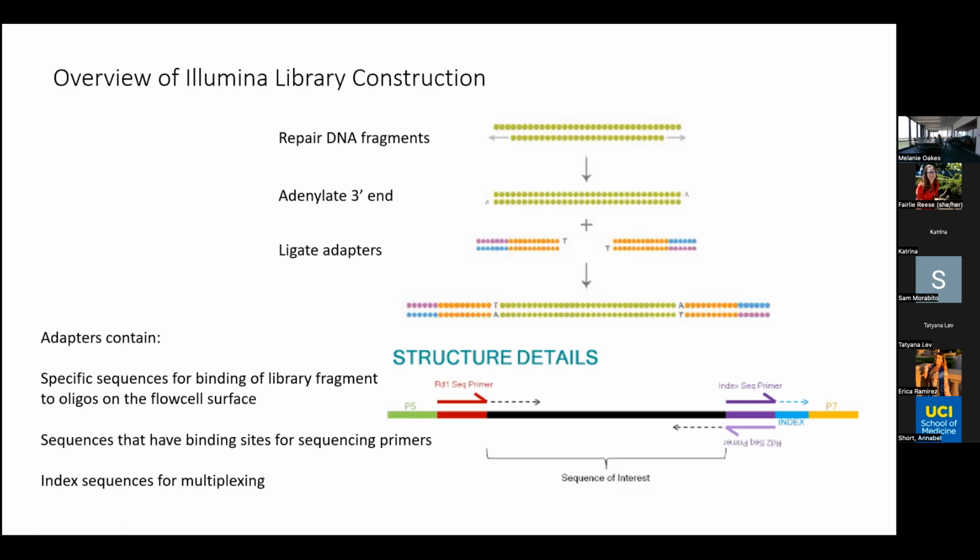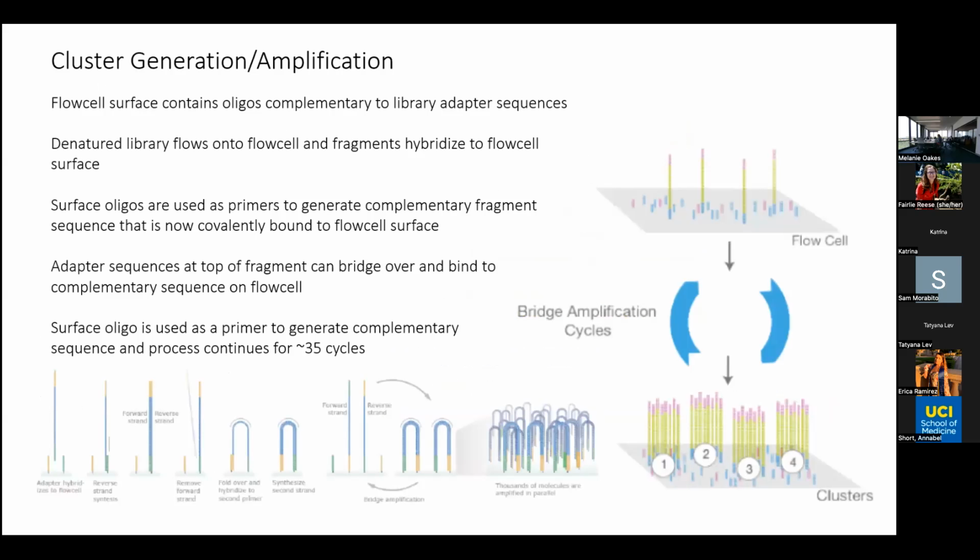The read 2 sequencing primer is in the upside down, and then our index. So this represents what would be a single index library. Most of the time now we're doing dual indexes, so there's another sequencing primer on the P5 end. So why do we need these?